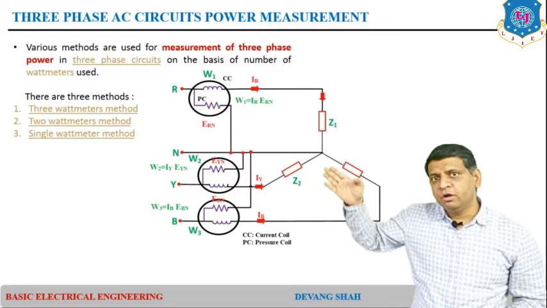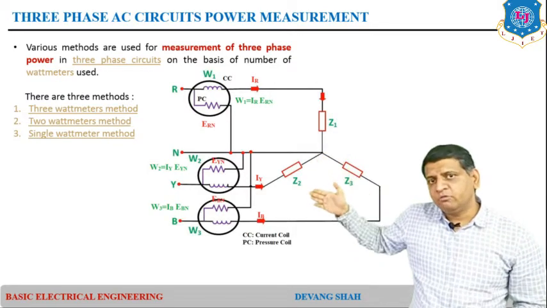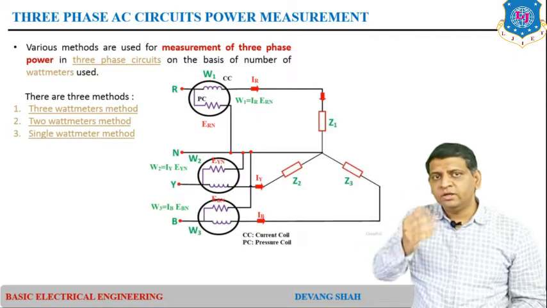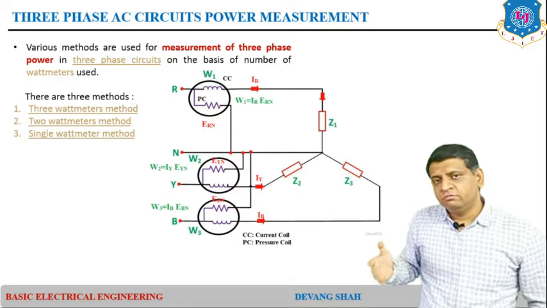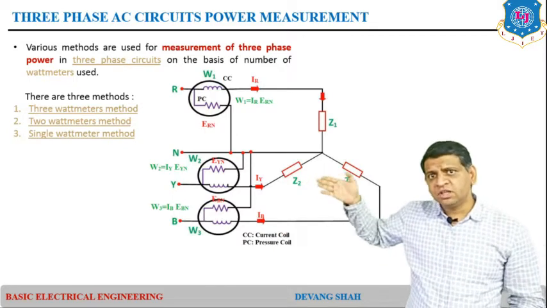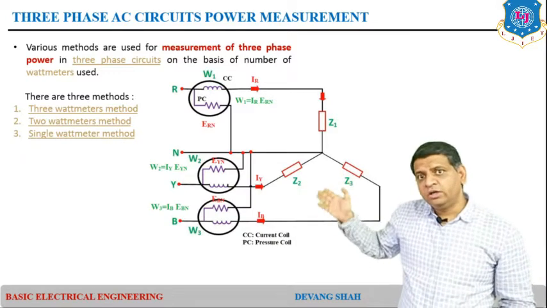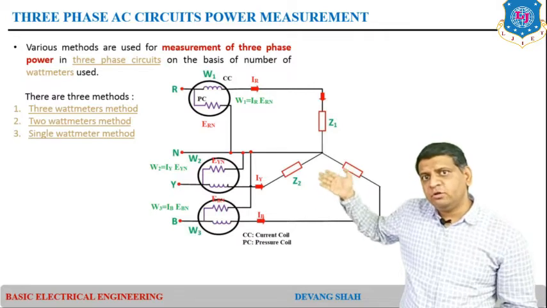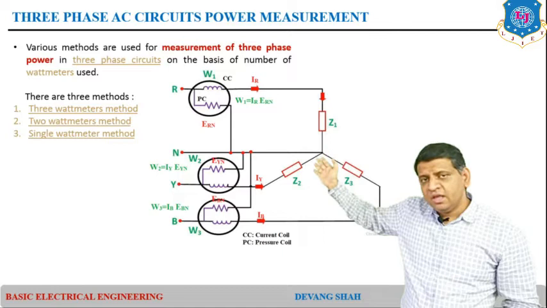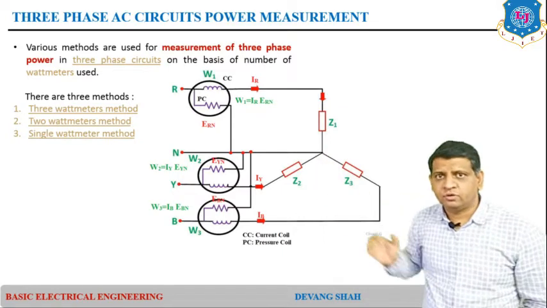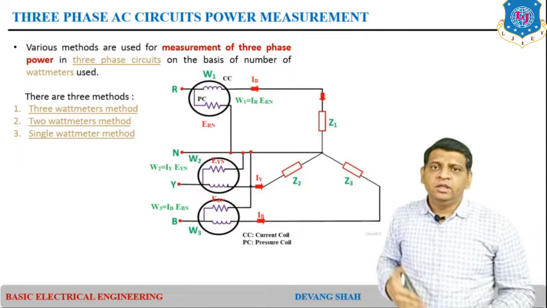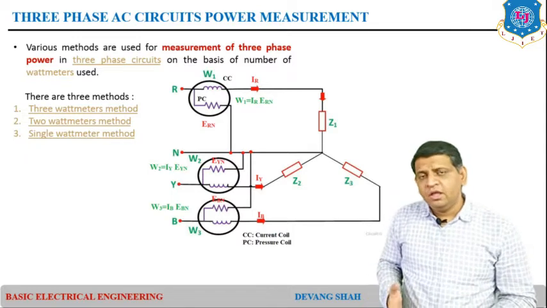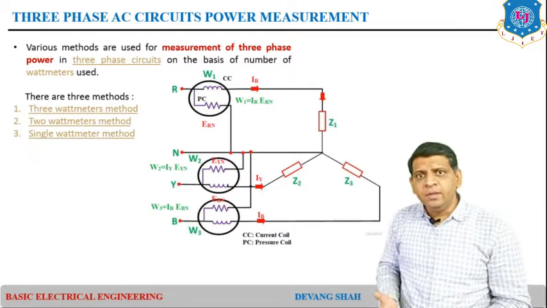The reading of the first wattmeter we define as W1, the second as W2, and the third as W3. Here W1 is IR into ERN: IR passes through the current coil of W1, and the voltage drop across the pressure coil of W1 is ERN, where one end of the pressure coil is connected to the red phase and the other end to the neutral connection. In the same way, the wattmeter reading of W2 is IY into EYN, and W3 is IB into EBN.